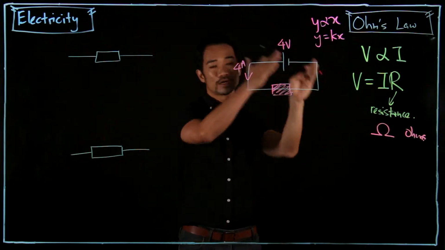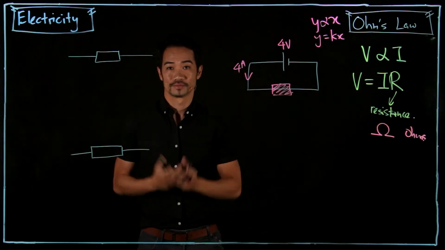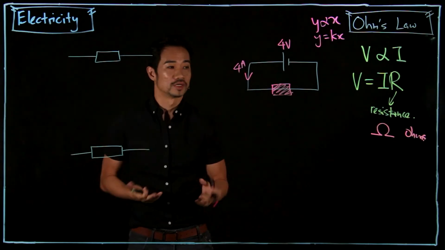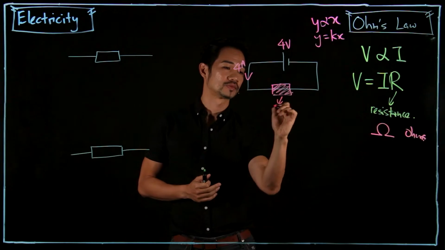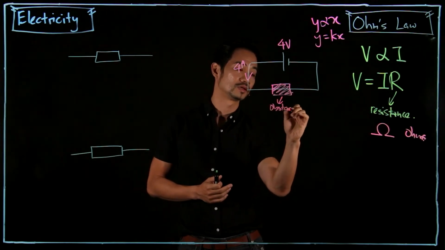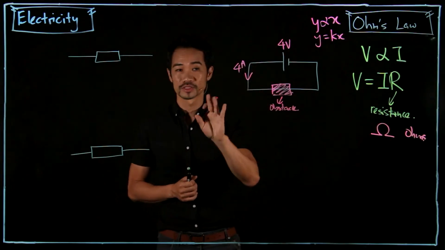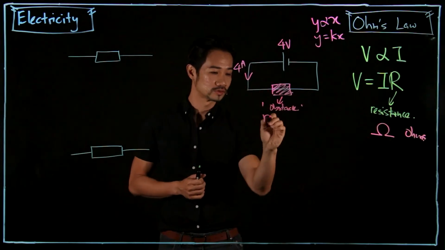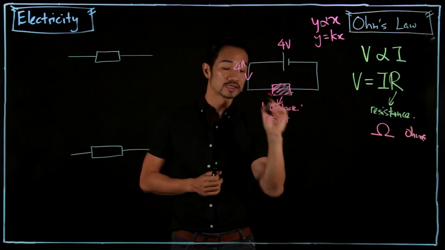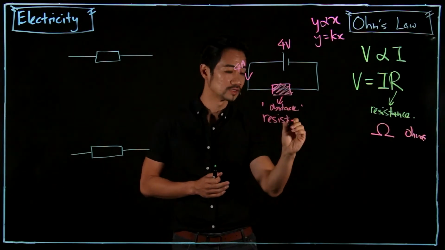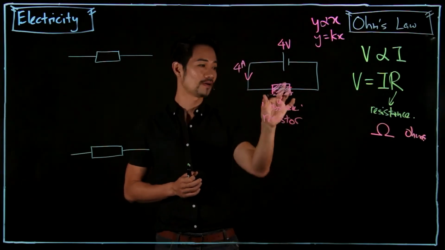Will the person run faster or slower? You are right, you will run slower. This obstacle is similar to the concept of friction, but in electricity, we call this resistance. And this obstacle itself is a resistor, okay?